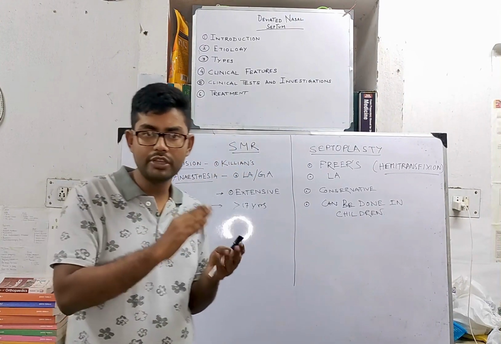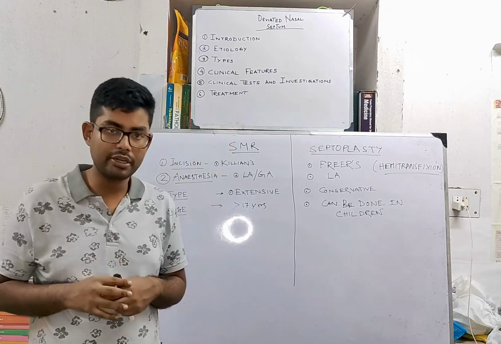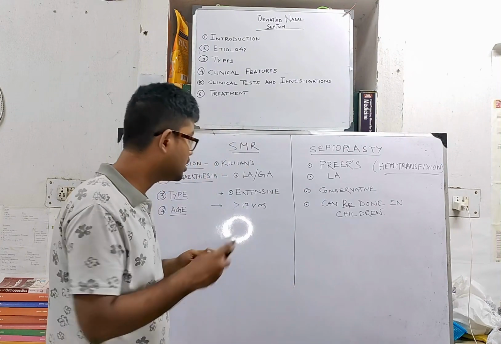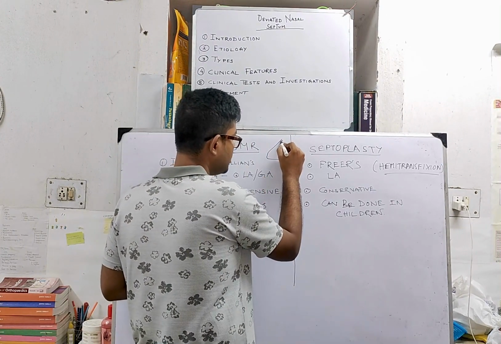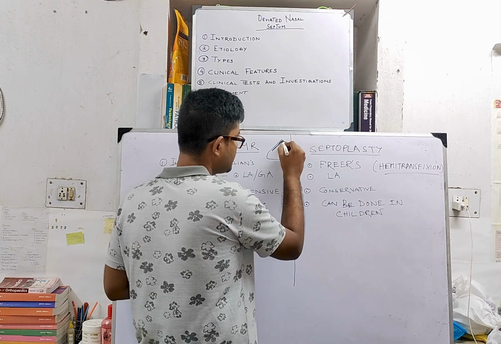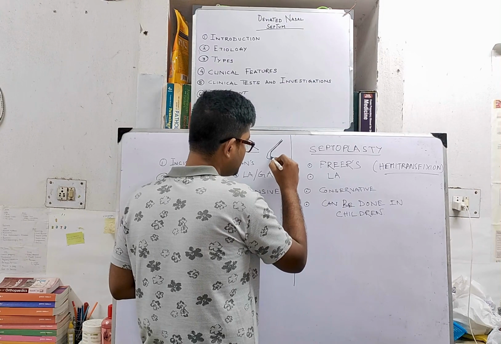So when we lift the mucoperichondrial flap, it will be completely separated, and we'll only keep a small 1 centimeter gap of the bony cartilaginous framework near the dorsum of the nose, and towards the caudal end we'll leave a small bit.